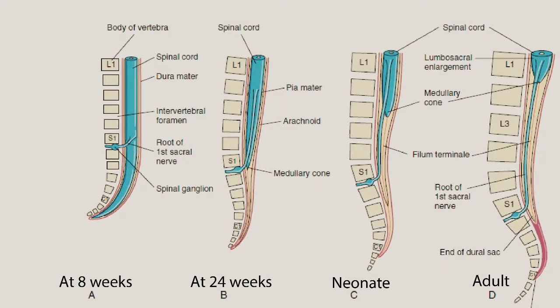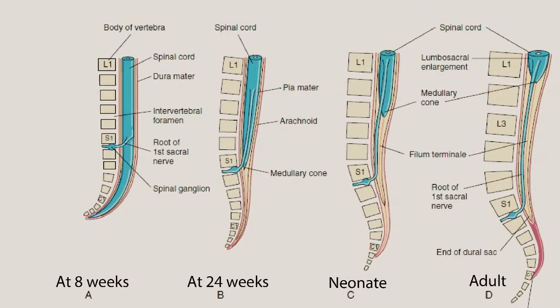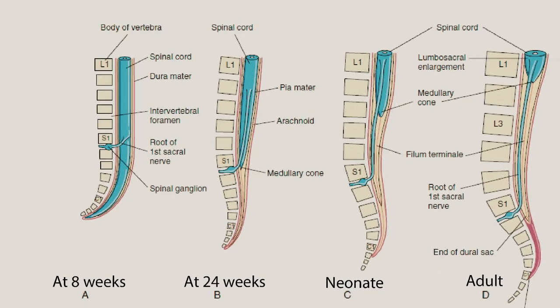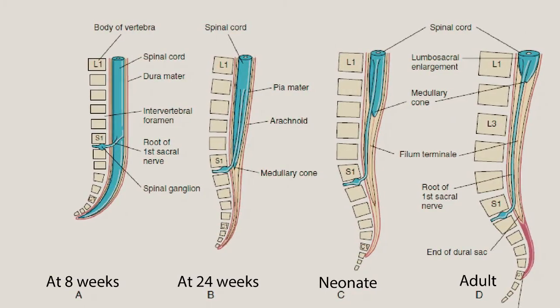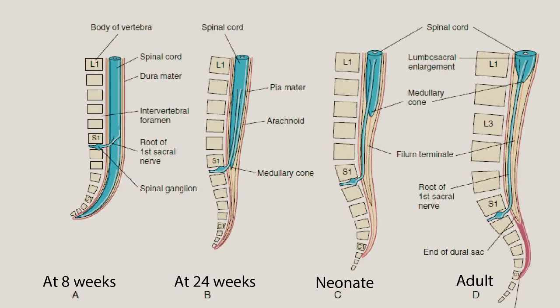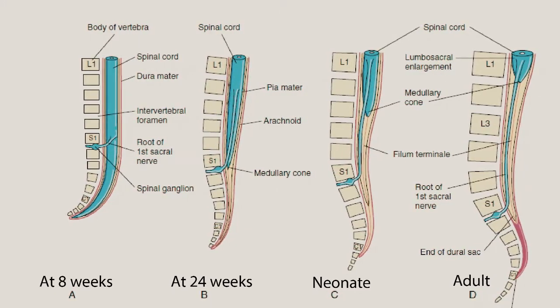Now, the spinal cord, as it's developing, outside it is also having another group of cells which are from the mesoderm, which is going to give rise to the vertebral column. So the spinal cord develops alongside with the vertebra. In the early weeks of development, the spinal cord and the vertebral column had the same length, and the spinal cord fills the entire vertebral canal.